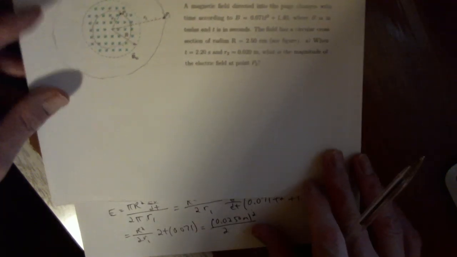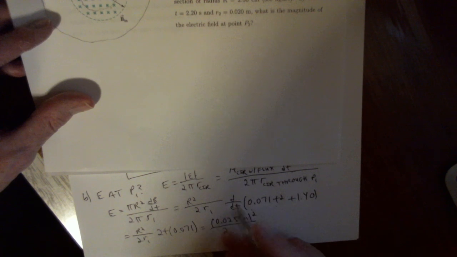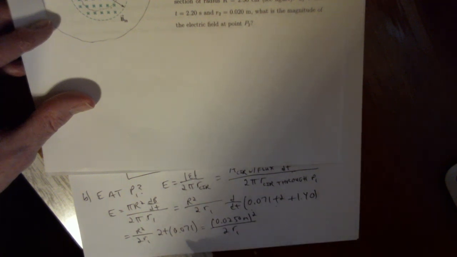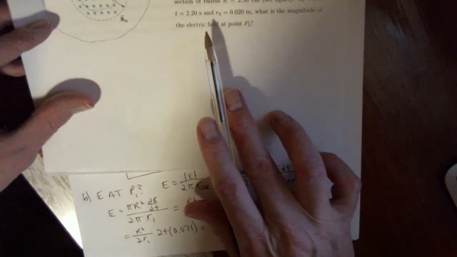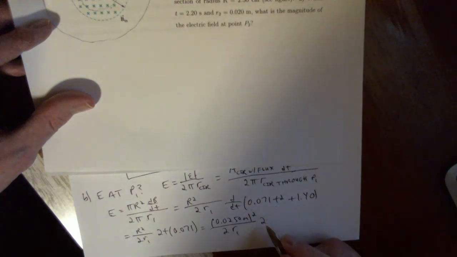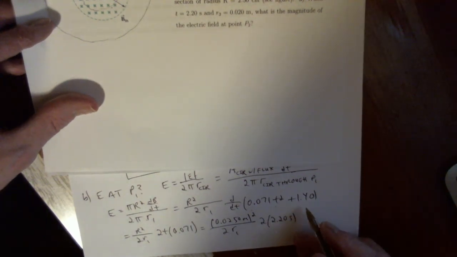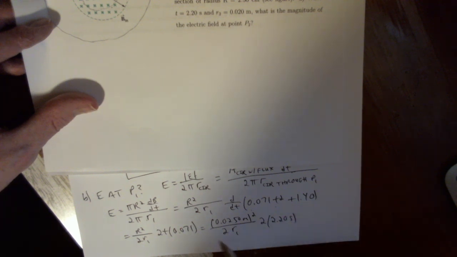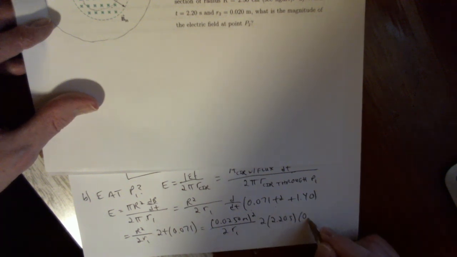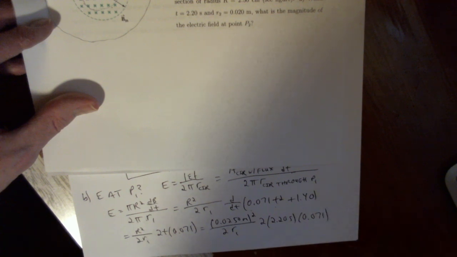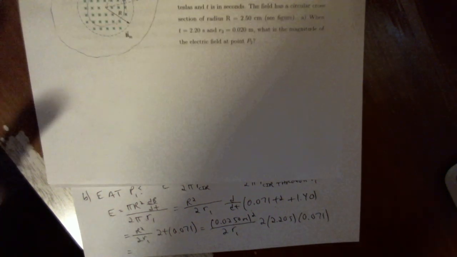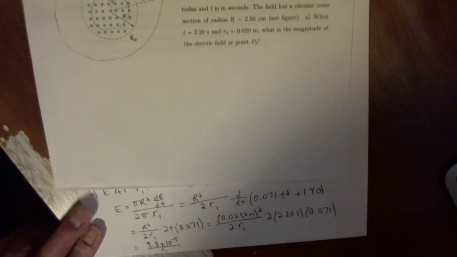So I'll just leave it in terms of R1. So 2R1 times 2t. T is the 2.2 seconds times 0.071. And so you wind up with, I'll pause and just calculate all that.